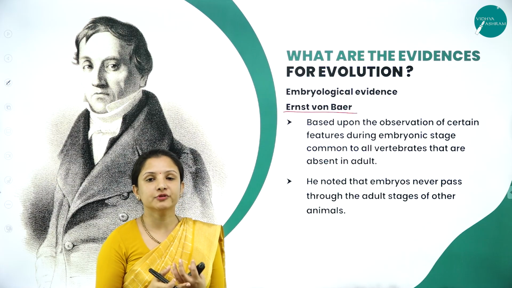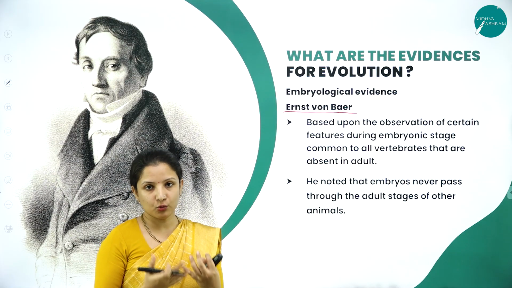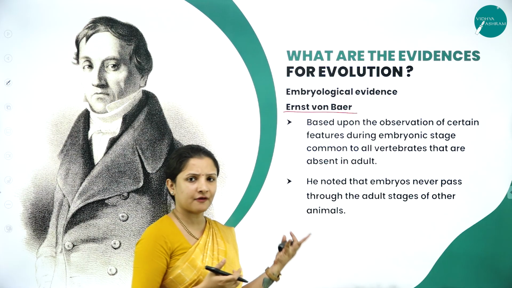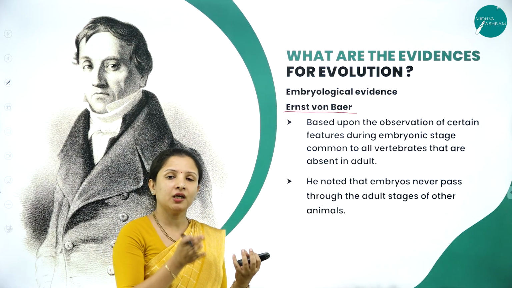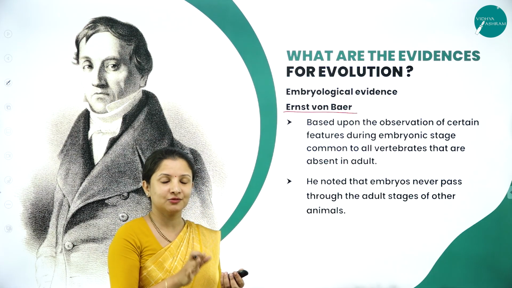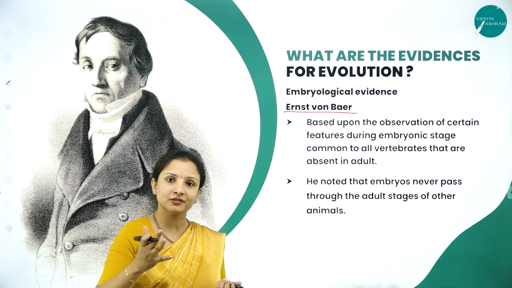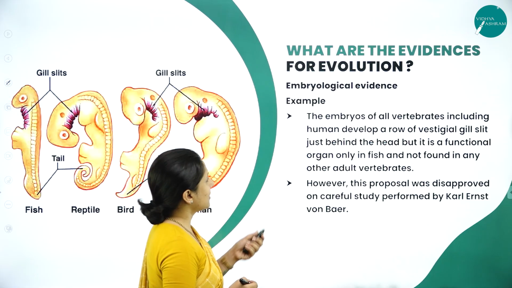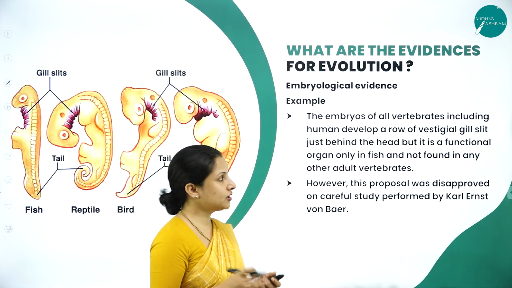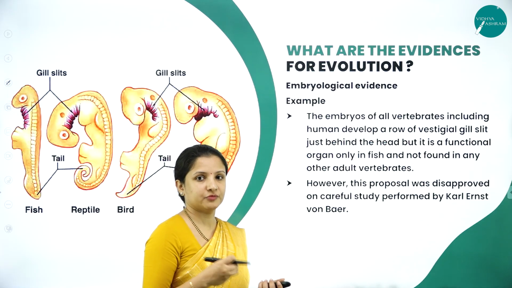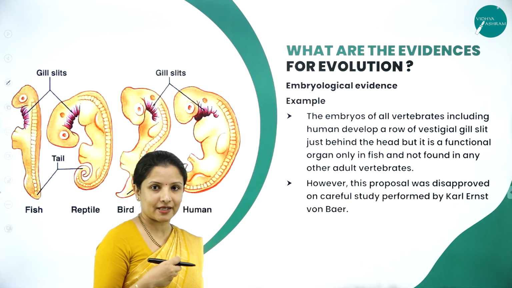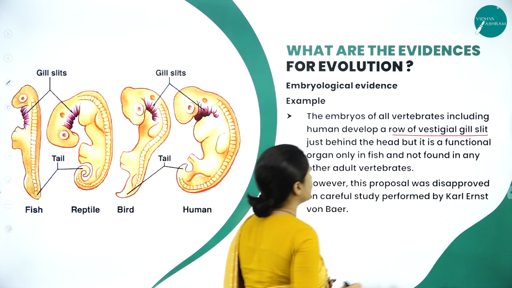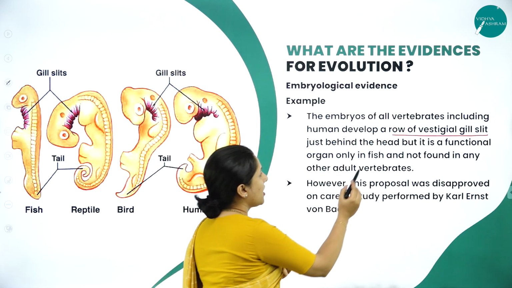He started observing the embryos of the vertebrates, and he found that there was something in the embryos which those vertebrates lost when they became adults. So what was that? He noticed that in the embryos of all the vertebrates, including humans, because we also come under the chordates, we have a row of vestigial gill slits just behind the head.